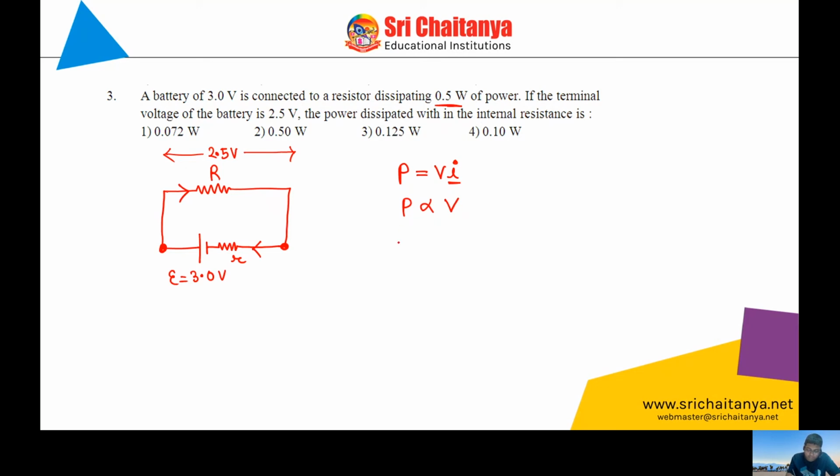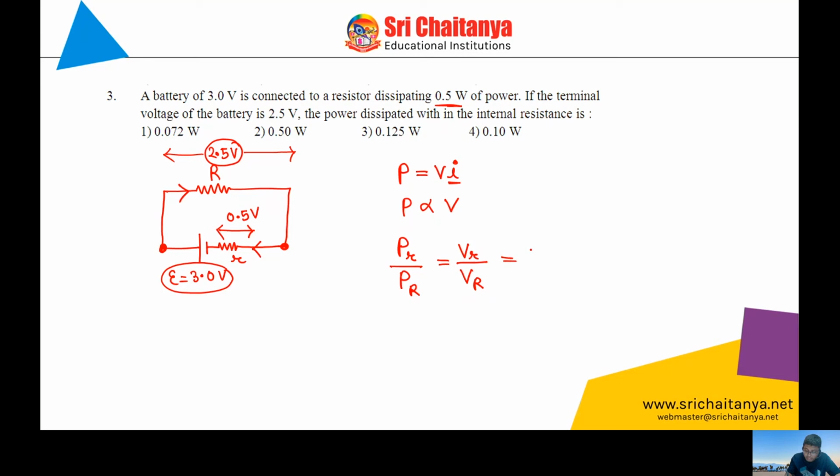So we can say here that the power dissipated across the internal resistance upon power dissipated across the external resistance will be simply equal to voltage across internal resistance upon voltage across external resistance. So here you can see simply voltage will be divided. So 2.5 volt this is, and EMF is 3 volt. So voltage across the internal resistance here will be simply 0.5 volts.